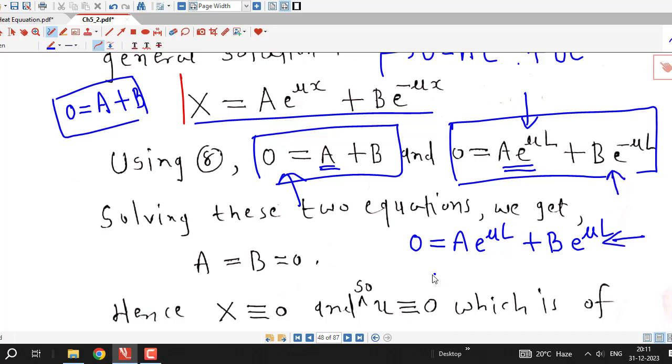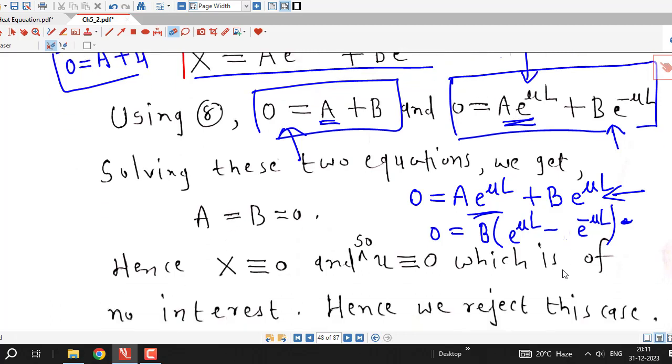So suppose I subtract, then 0 minus 0 equal to this quantity minus this quantity, that will cancel out, and here I will have b into e raised to mu L minus b into e raised to minus mu L, and I have taken b common, so I will obtain b into e raised to mu L minus e raised to minus mu L equal to 0.